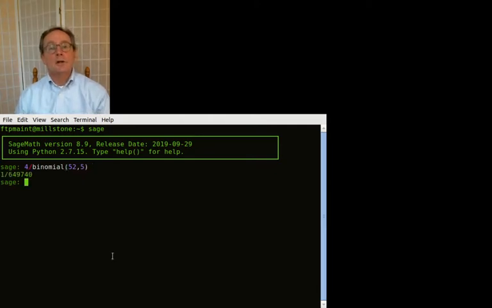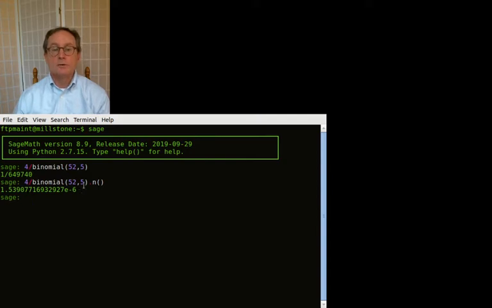Now Sage, like any good algebra system, only gives you a fraction for that. It doesn't actually evaluate it. So the way you ask to evaluate it is you say .n, which means something like numerical. The part at the beginning doesn't really matter. Can you see the 10 to the minus 6? So it's a very small chance of being dealt a royal straight flush.